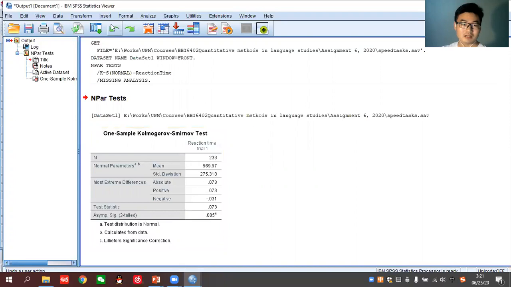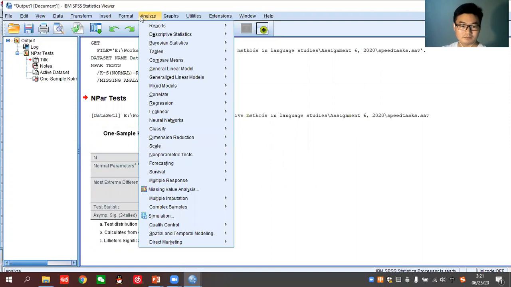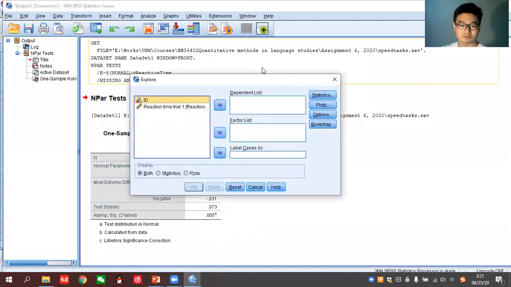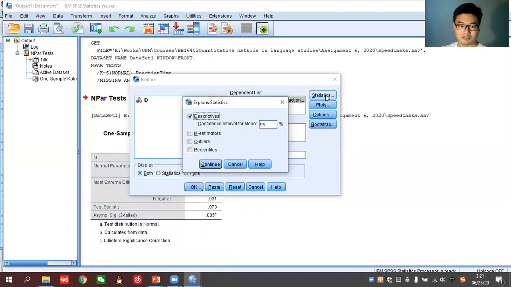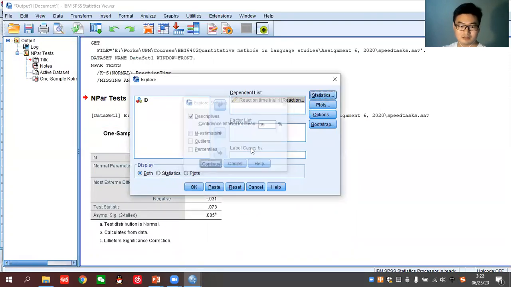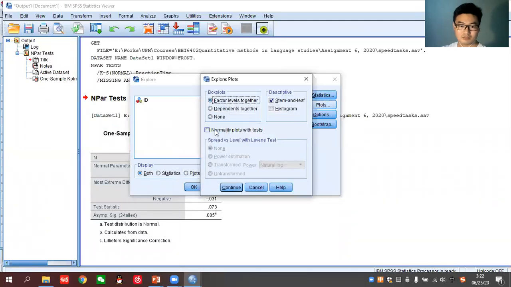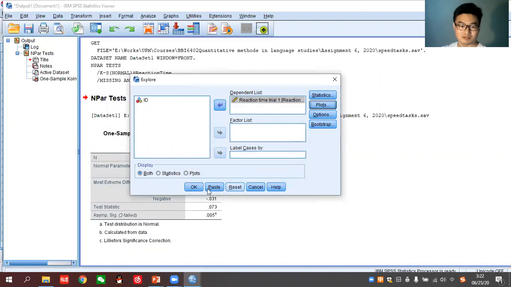Let's use another way to test the normality. We go to analyze, descriptive statistics and then explore. We move the reaction time to dependent list. In statistics, in plots, we take the normality plots with tests, and then we continue.